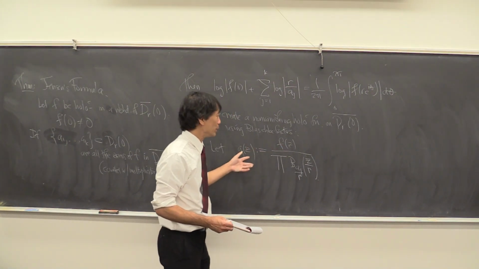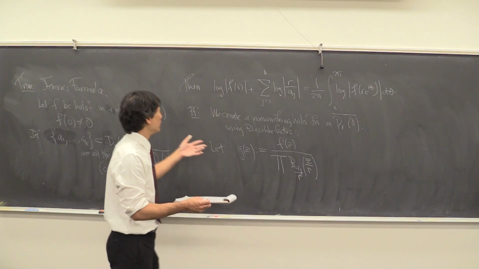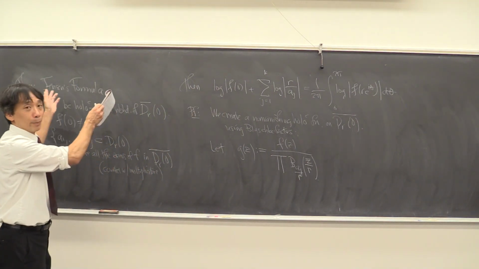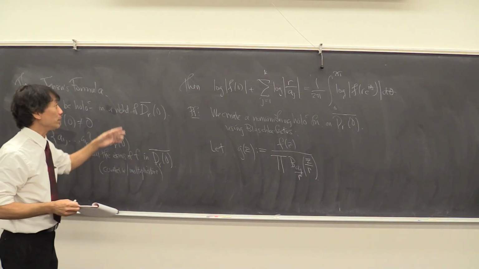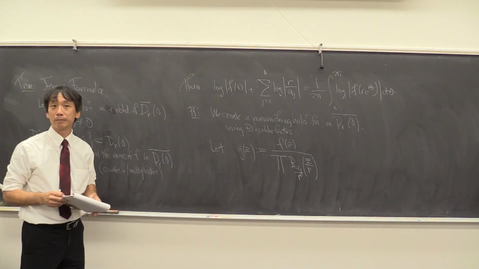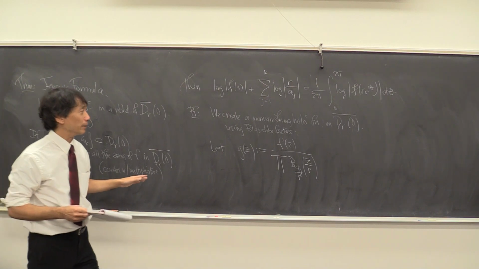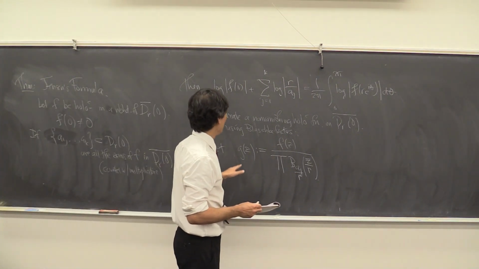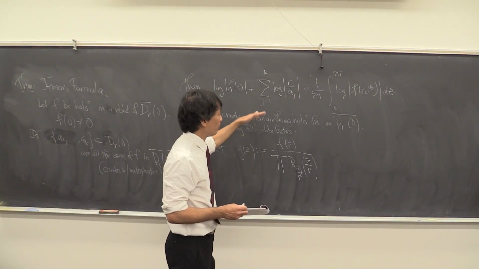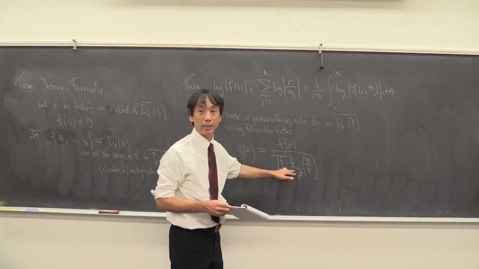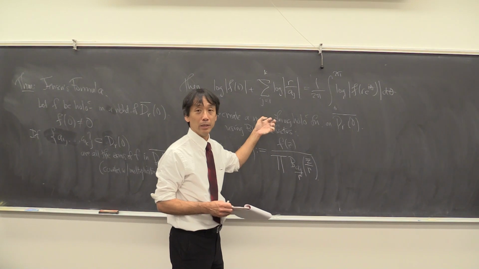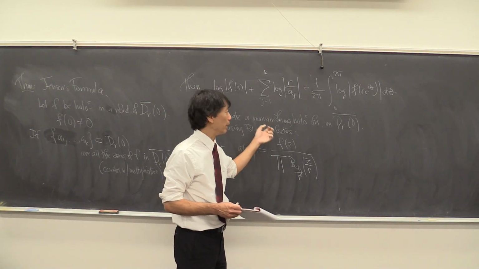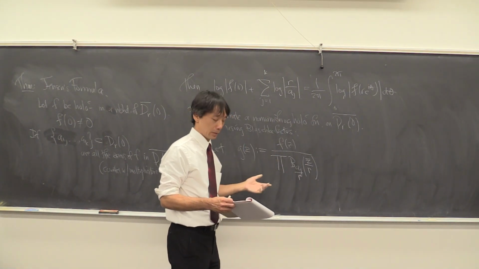That's the main trick. Then we just apply the baby formula that we got before to this, and out pops Jensen's formula. So create a non-vanishing function by canceling out all the zeros, and then apply the original formula that worked for non-vanishing functions.